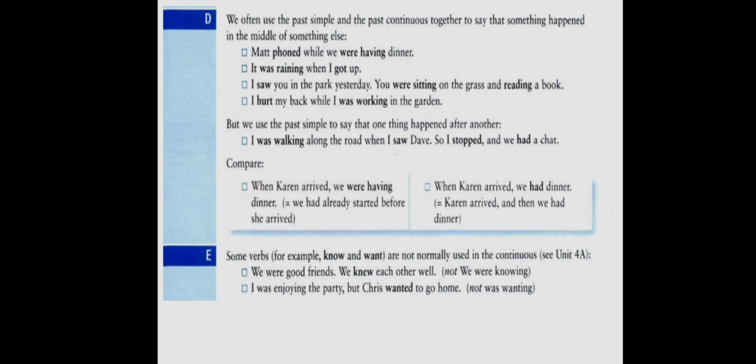The long action here is we were having dinner. The short action is arrived. She just entered the house, and before she entered the house, we were having dinner. We were sitting and having dinner, and she entered and we remained having dinner. So the short action is arrived and the long action is having dinner.